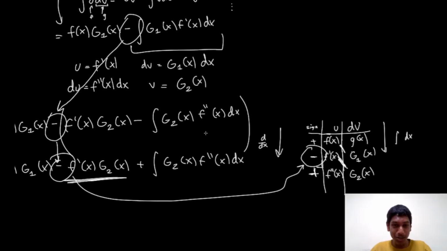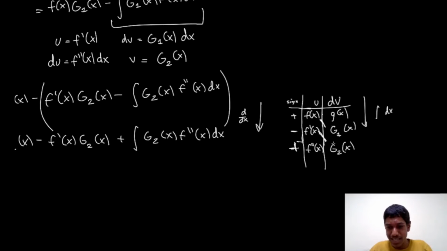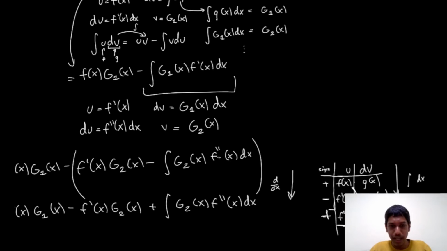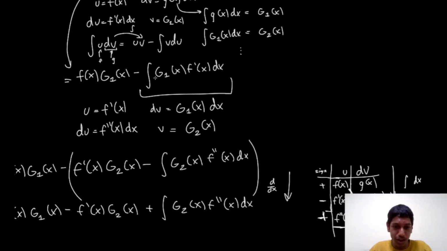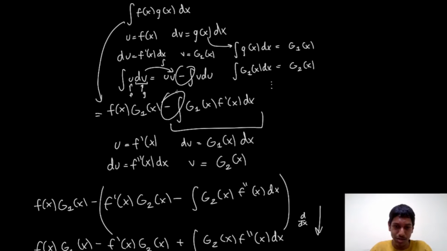If you do need to pause and process that for a bit, feel free. But now, how come this is a plus? Well, you have f prime g2, and now it's positive. Where did the positive come from? Well, it started with this minus sign, right? Which actually originated from the original formula.